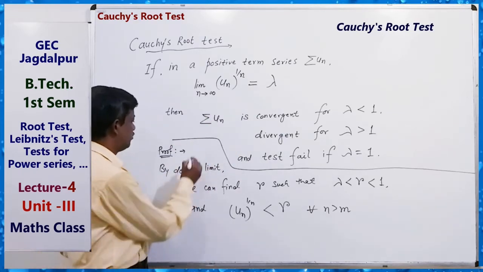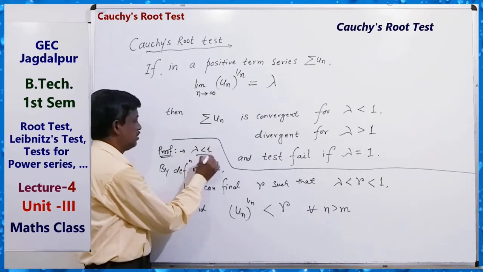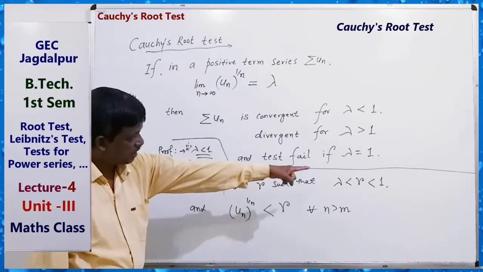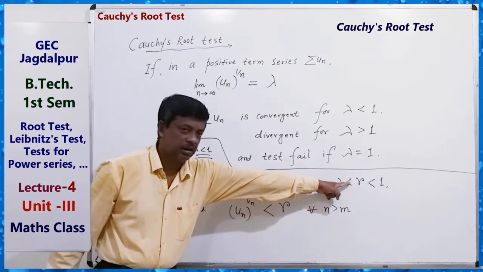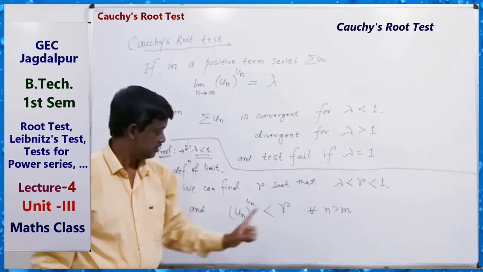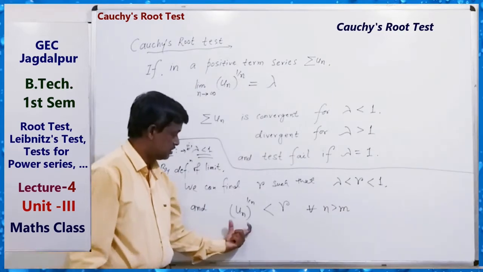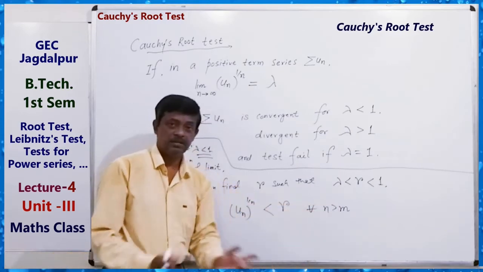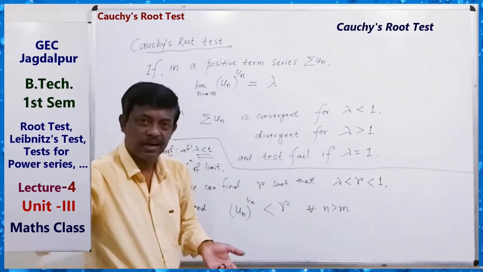Case 1, when lambda is less than 1, we can find R such that un power 1 by n is less than R for all n greater than m, some number from the starting.